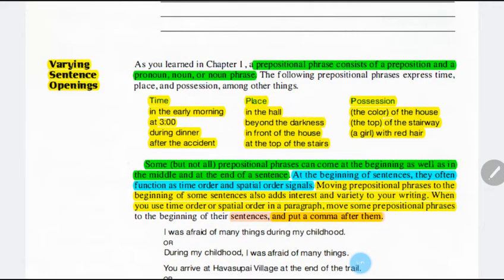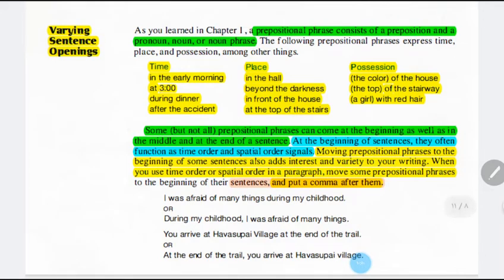Another important point that we are going to talk about is varying sentence openings. Okay, as you learned in chapter 1, prepositional phrases consist of a preposition and a pronoun, noun, or noun phrase.